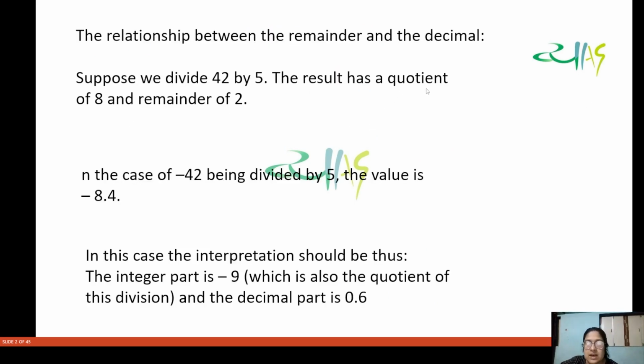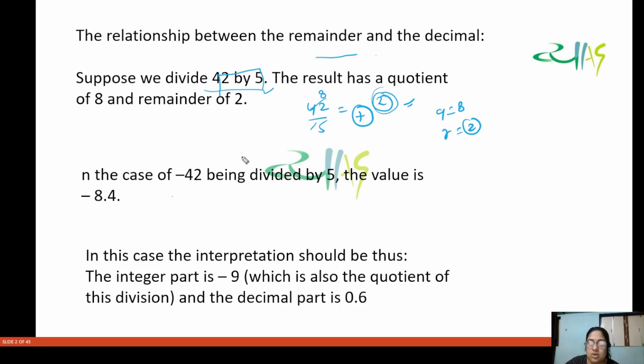Okay, now see, we are looking at the relationship between the remainder and the decimal. Okay, so suppose we divide 42 by 5. What will be the remainder here? The remainder will be 2 because it goes 8 times and the remainder will be 2. So in this case the remainder is positive. The quotient is 8, the remainder is 2.